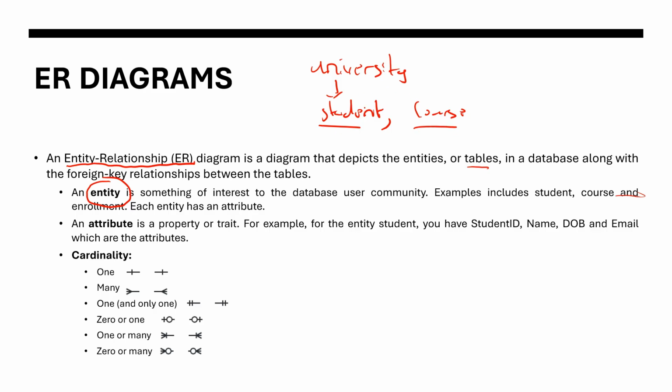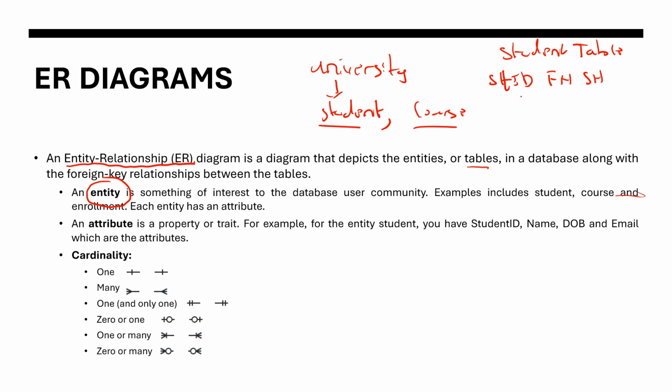Now, under each table that you have, for example, a student table, you will have different information. You will have, for example, the student ID, which I just write as STID here. You will have first name, surname, and maybe other information related to that student who has joined the university, maybe their high school grade or anything else.